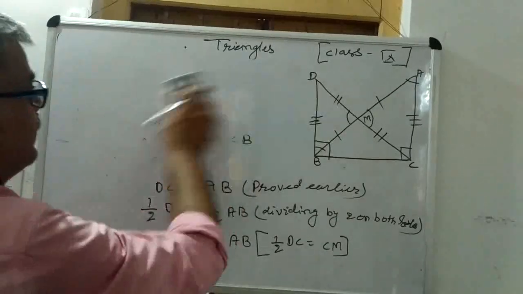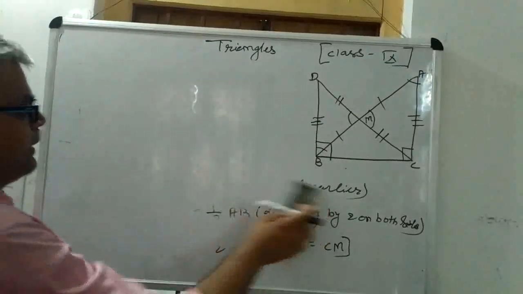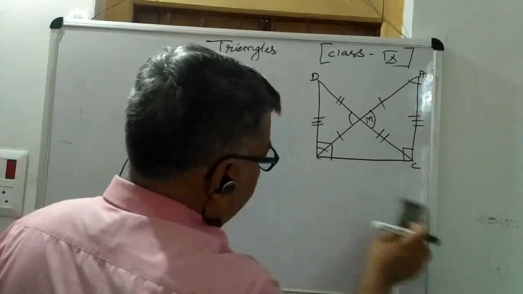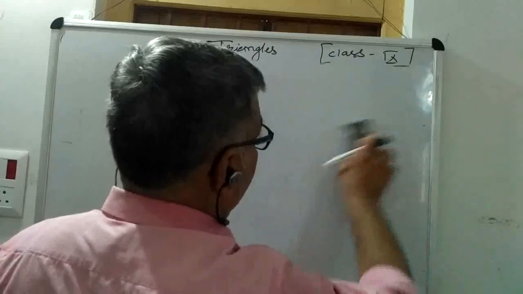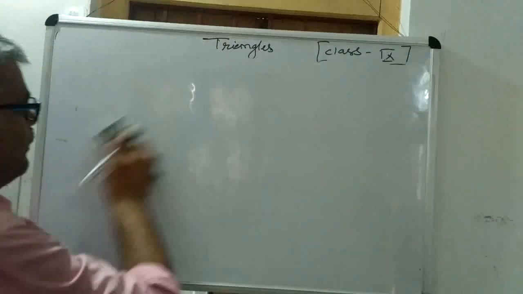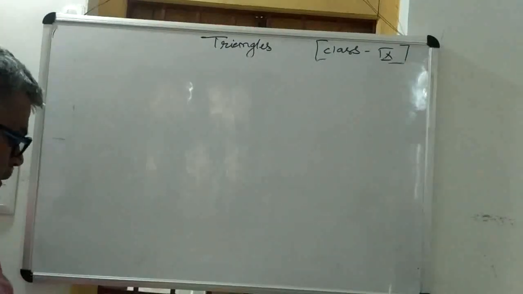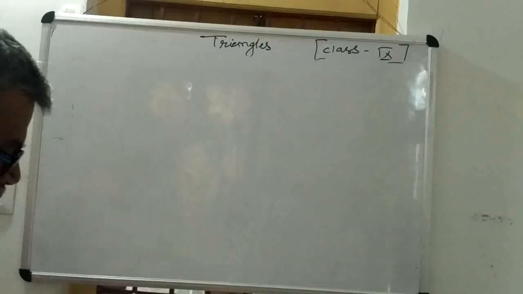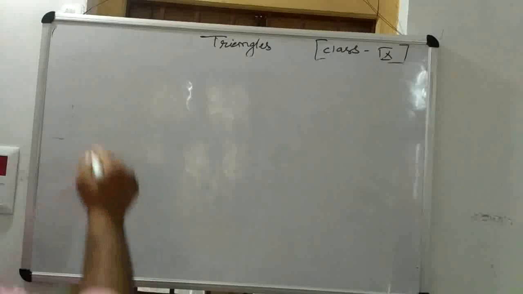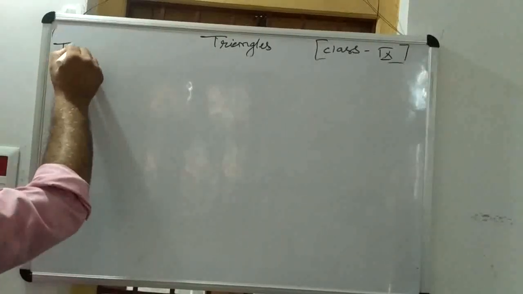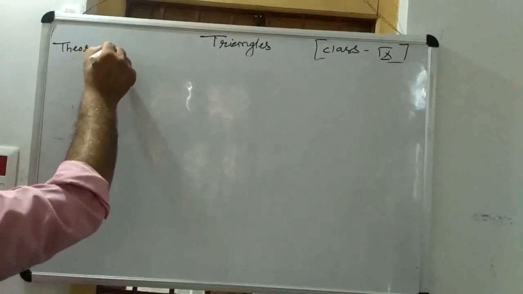Now let's discuss one property of the triangle which we need to prove. The property is angles opposite to equal sides of an isosceles triangle are equal. This is a theorem, and our theorem is what?